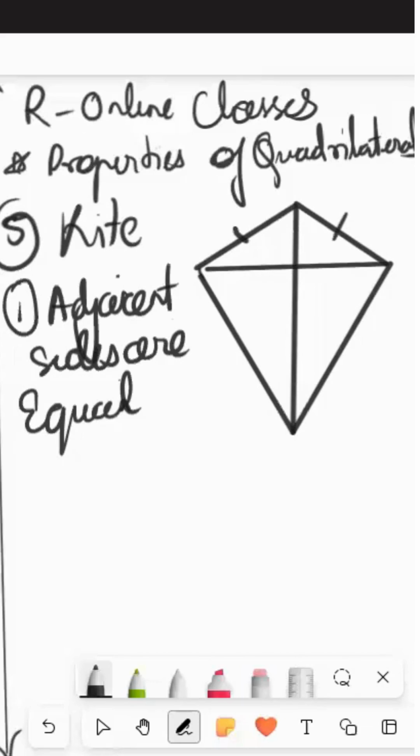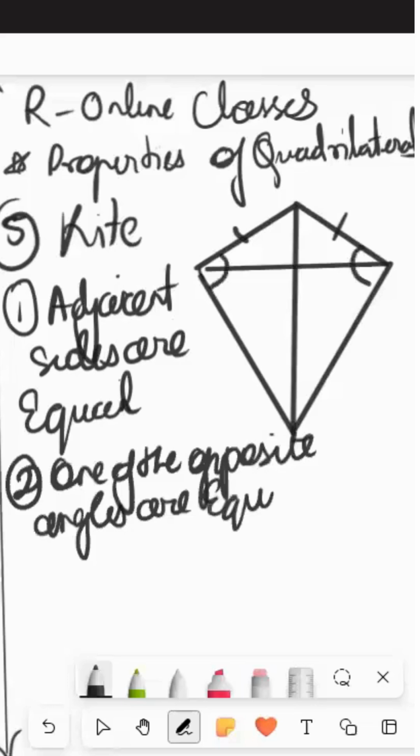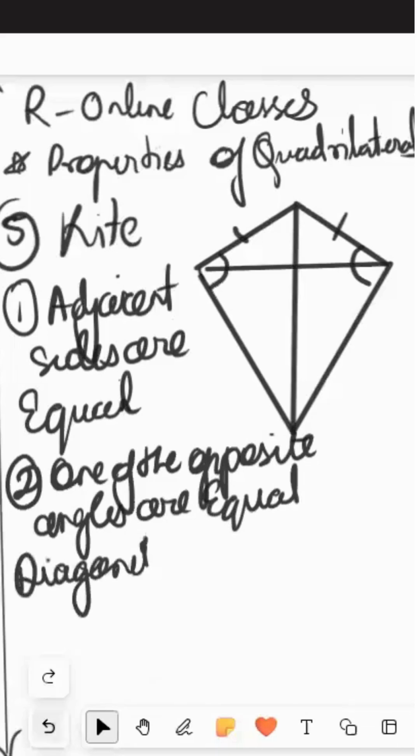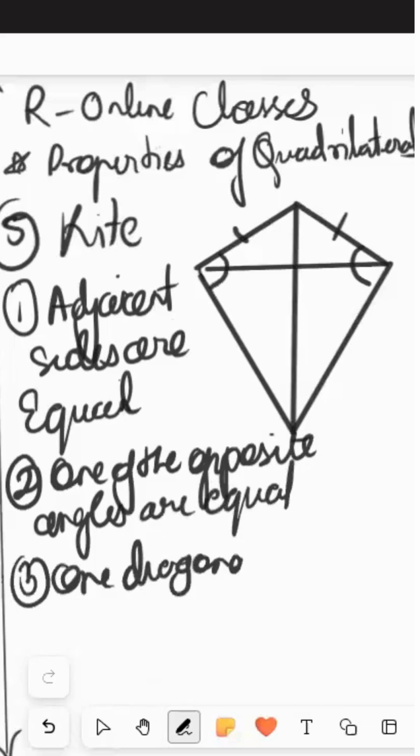This angle, if this is a regular one, is equal to one of the opposite angles. Okay. Diagonals: one diagonal bisects the other diagonal.